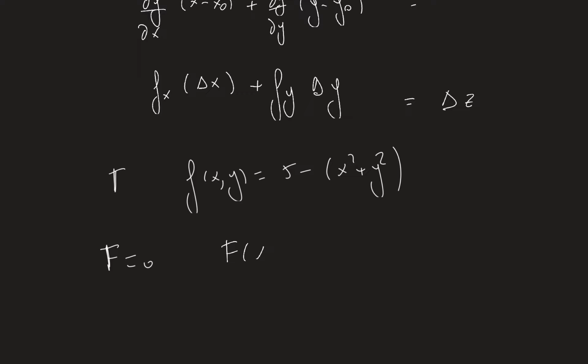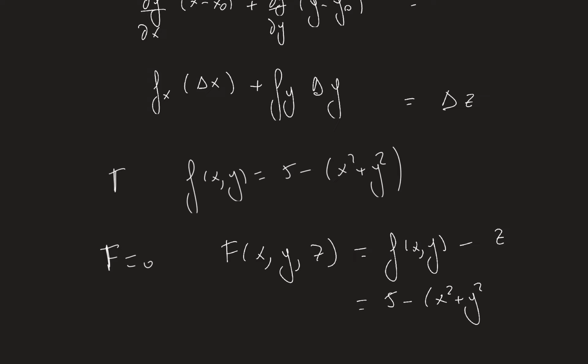F of x comma y comma z is the function f of x, y minus z, meaning it is 5 minus x squared minus y squared minus z.